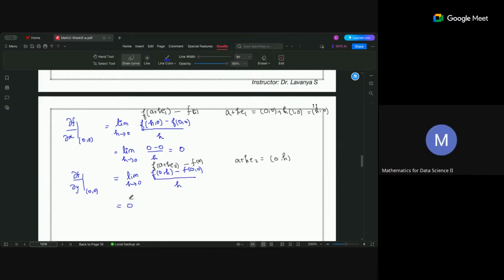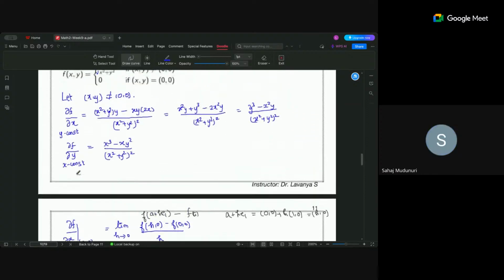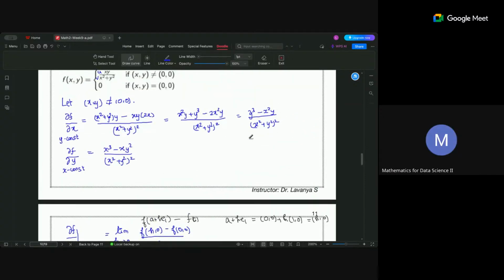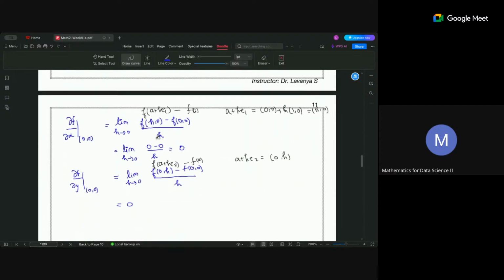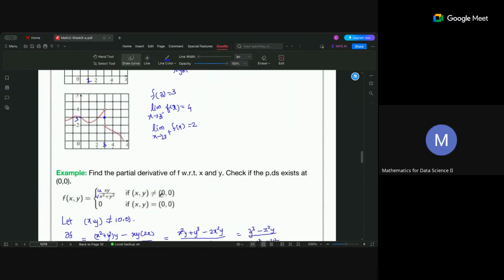Yes, they still exist. They don't have to be equal. If you just look at this expression, simply substitute (0, 0) and say the derivatives do not exist, then it is going to be wrong. So always use the limit definition whenever you are having such functions.